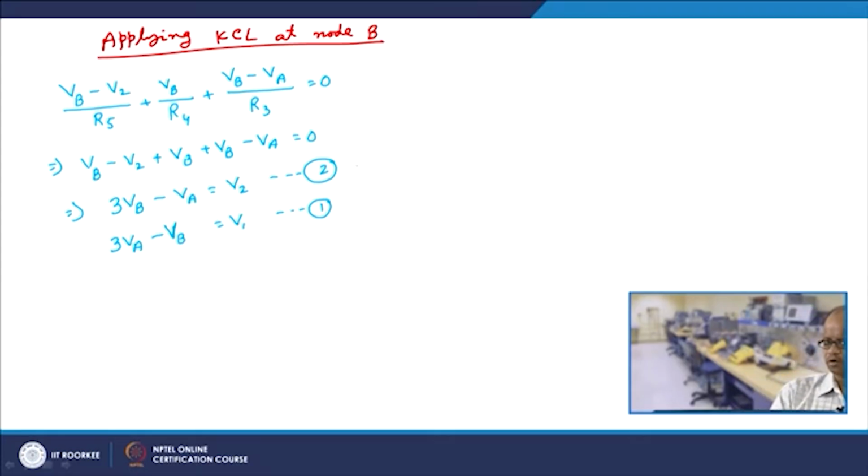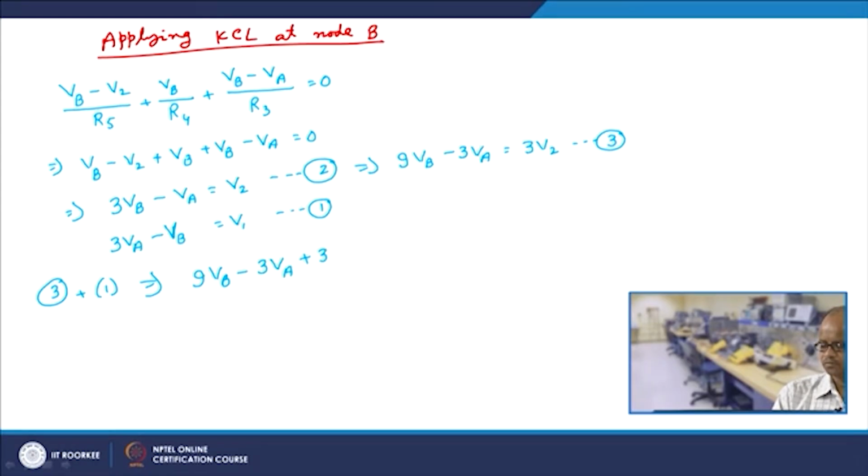So, what we do is, from equation 2 I get 9 VB minus 3 VA is equal to 3 V2. So, let us say this is equation 3. Adding equation 3 and 1, that is 9 VB minus 3 VA plus 3 VA minus VB is equal to 3 V2 plus V1. So, then therefore, this got cut.